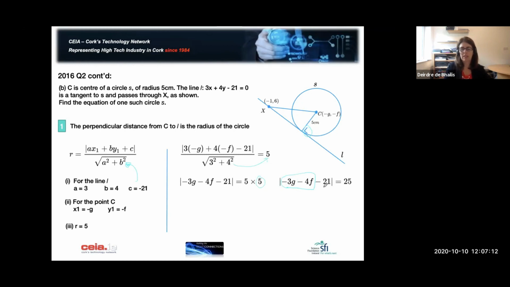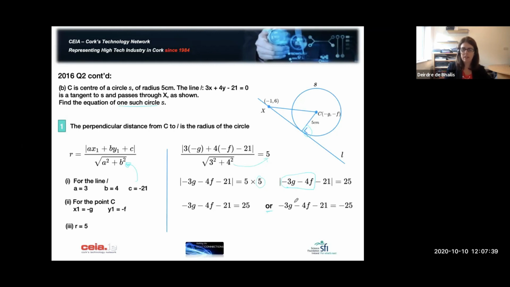If we try squaring that, we'll get a whole pile of gunk. So what we want to do is take a look at both cases. We know that when we remove the modulus, one possible answer is positive 25, but there's another possible answer that's minus 25. Now, fortunately, the question says to us, find the equation of one such circle S.